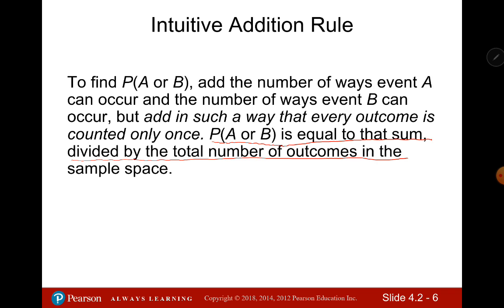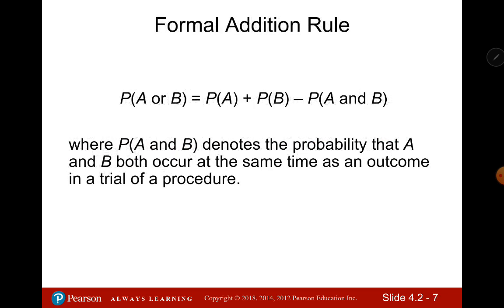But the most important part is that outcomes should be counted only once. What does this mean?